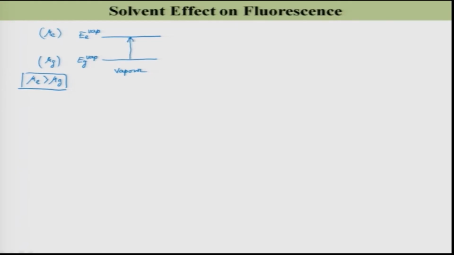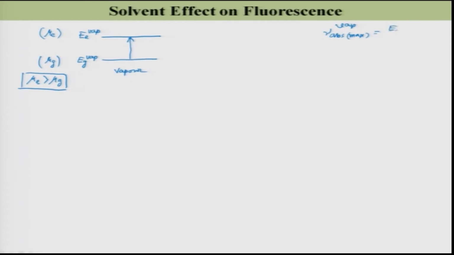So the nu absorption in vapor, that is the maxima, so let us write nu max in vapor is equal to E e vapor minus Eg vapor divided by h, right.